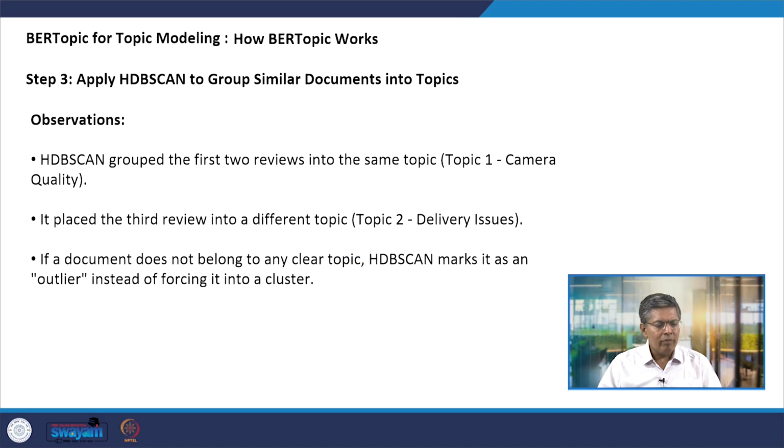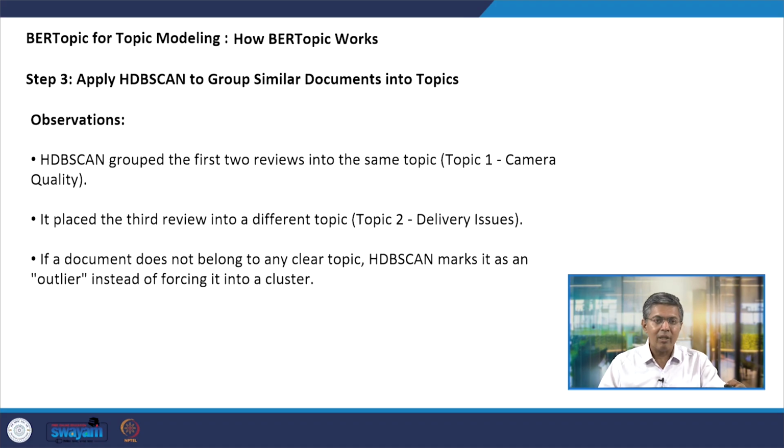When we apply HDBSCAN to group similar documents into topics, it grouped the first 2 reviews into the same topic, camera quality, and the third review into delivery issues. If a document does not belong to any clear topic, in such a case HDBSCAN marks it as an outlier.